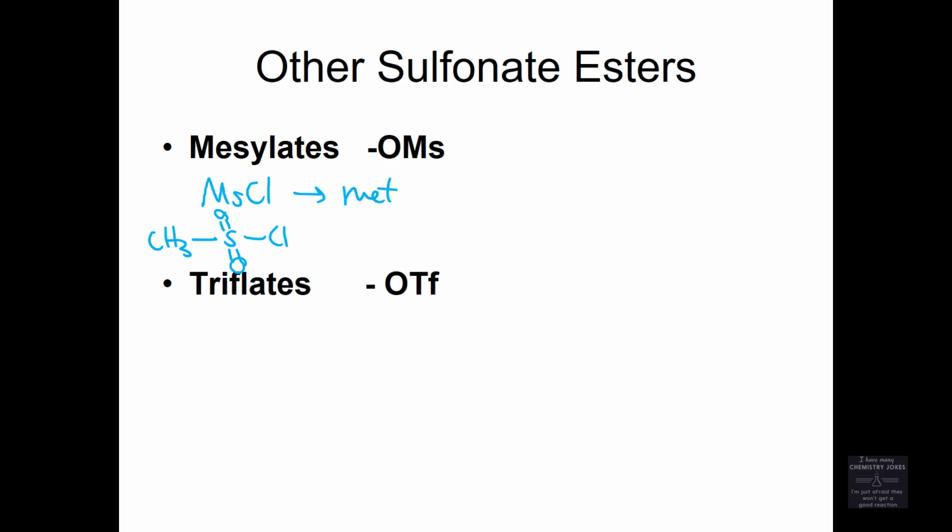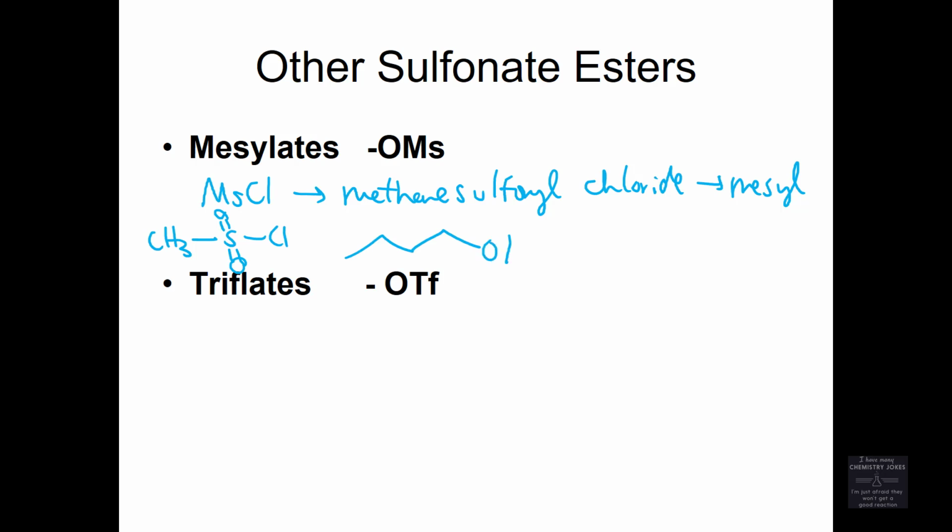Mesyl stands for methane sulfonyl chloride, which gets shortened to mesyl chloride. When mesyl chloride reacts with an alcohol, it doesn't matter what kind of alcohol it is. When it reacts with an alcohol, you get a mesylate.